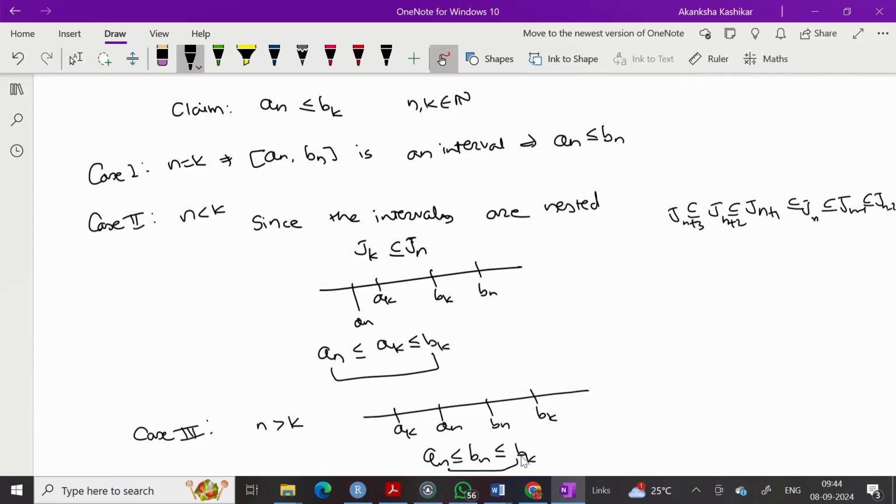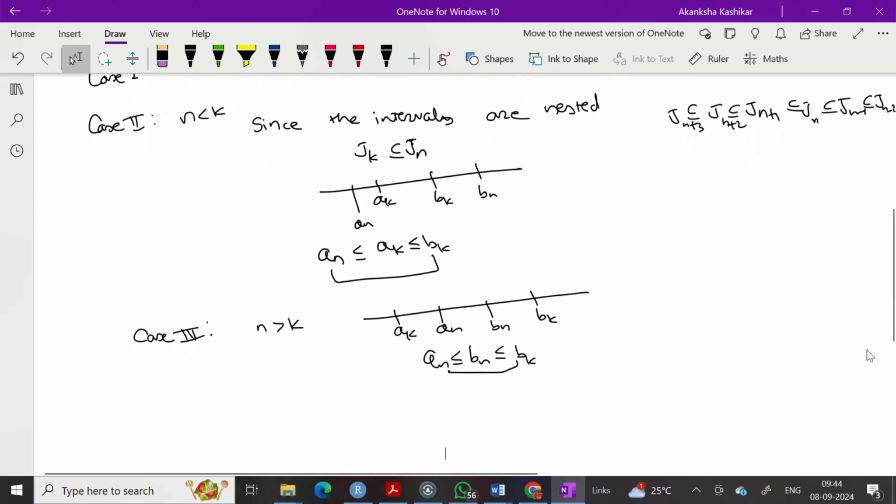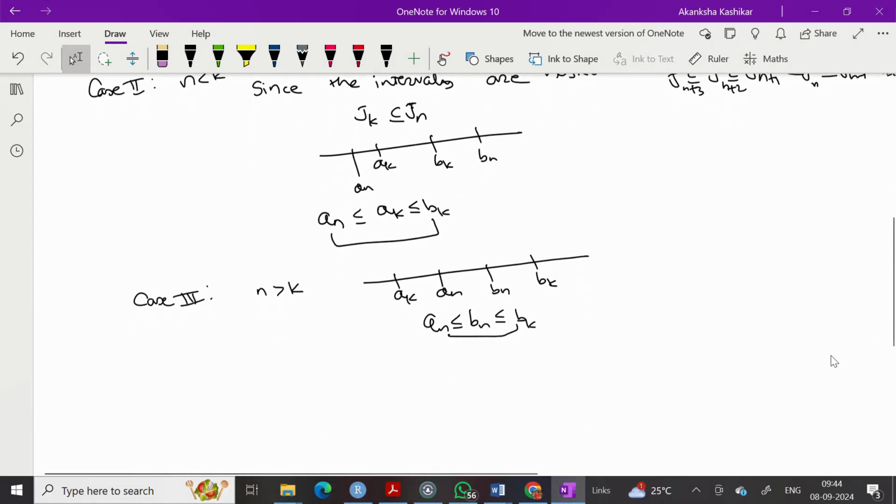Okay. So we have proved in all three cases that a_n is less than or equal to b_k for every pair n, k.